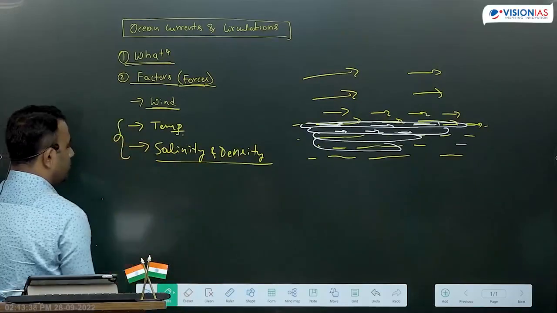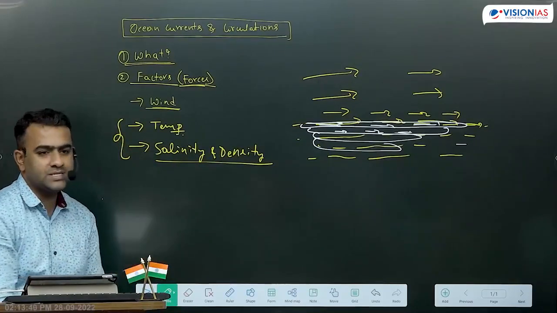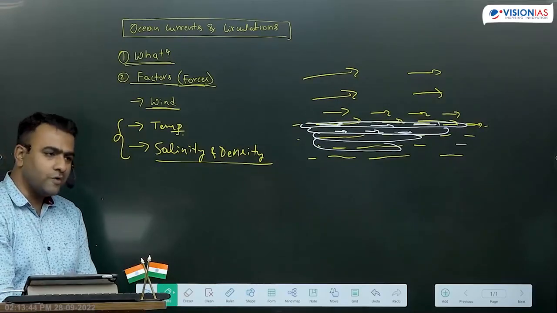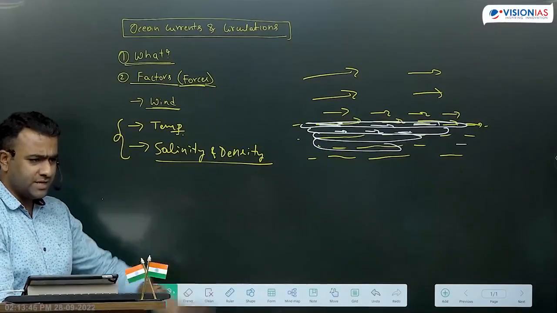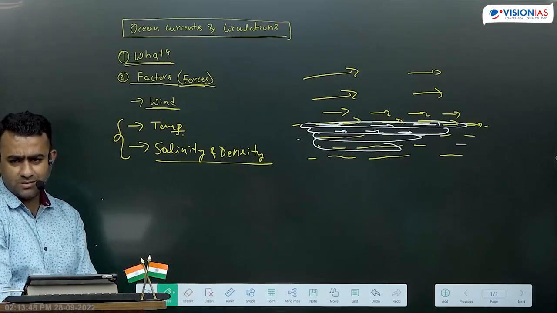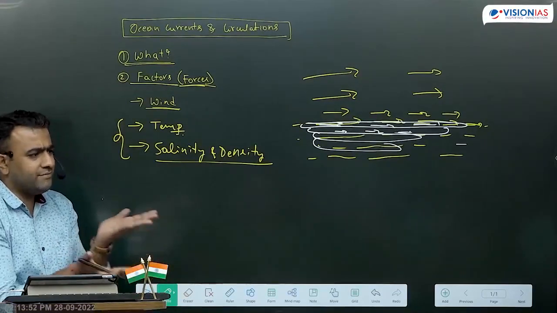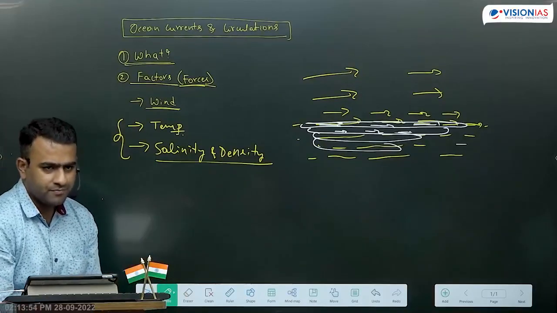It is not the uniformity, rather it is the difference in temperature, salinity and density from one region to another. There is no uniformity of temperature and salinity, we have already discussed that. In some places there is high temperature, in some places low temperature, high salinity, low salinity. So there is always a difference in these conditions of water.